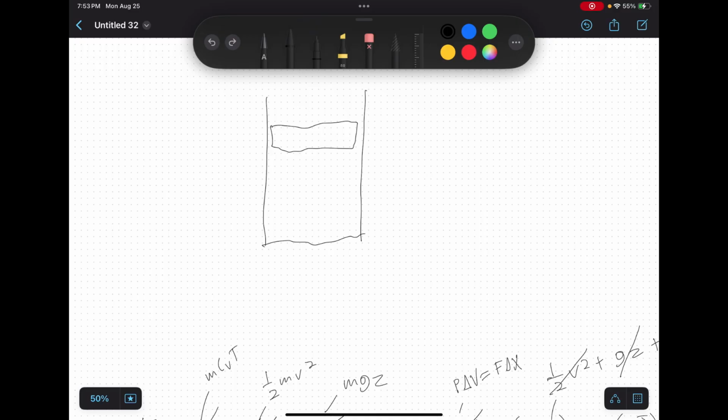It's not a friction fit, but it's just tight enough that the air underneath it, let's say this is air, can't escape through the sides. So it's right next to the wall. Cool. And you're adding heat to the system.